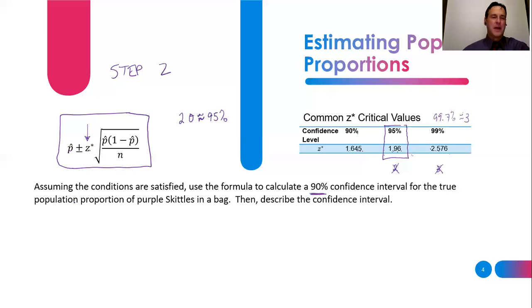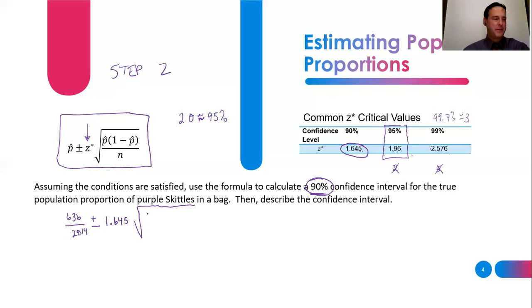So how do I do this? Very similar to before. Your p hat from the other side was 636 over 2,814, plus or minus. Now, in this case, I'm using 90%, and so the z, or the critical value that corresponds with 90%, is 1.645, times the standard deviation.